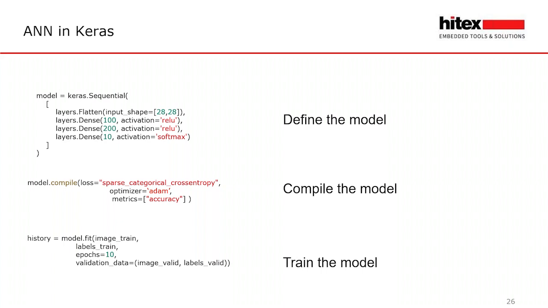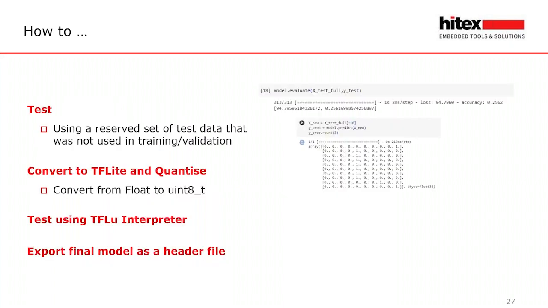The model will then be trained on that data, but we want to check that it generalizes to other data. So we provide validation data as well. So we train on a large block of data, then validate against a smaller block of data. And that will give us a validation accuracy as well. Once we have a trained network, we can then evaluate it by providing some test data that's not been seen by the model to date.